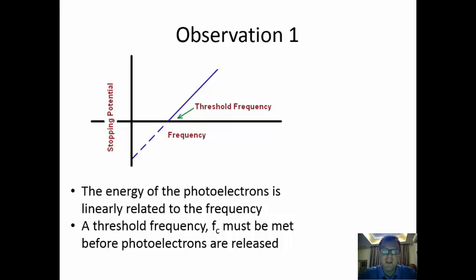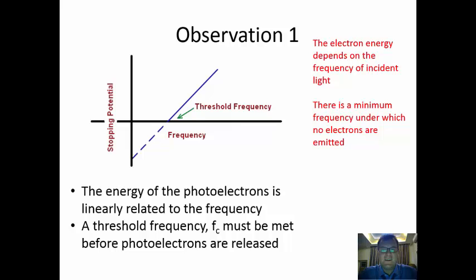In fact, it's linearly related. So therefore we can see that by increasing the frequency, there's two things. The electron energy is dependent on the frequency of the incident light, and there is a minimum frequency under which no electrons are emitted. So these are the two key things.